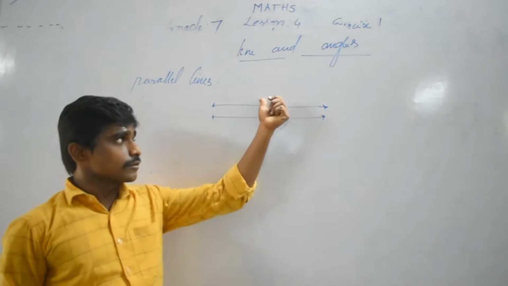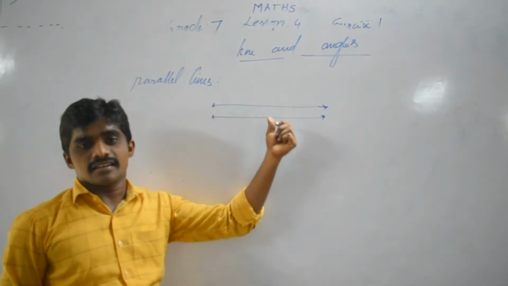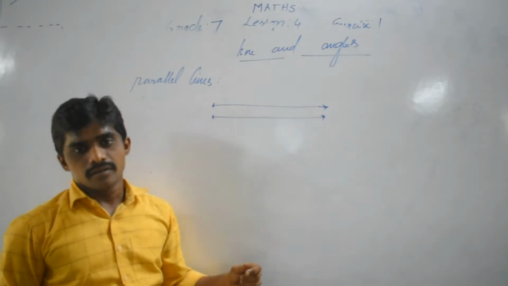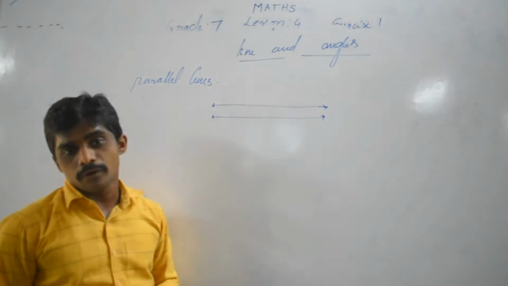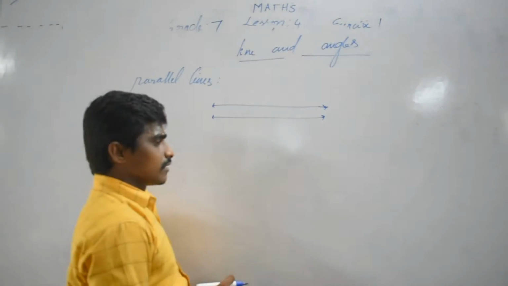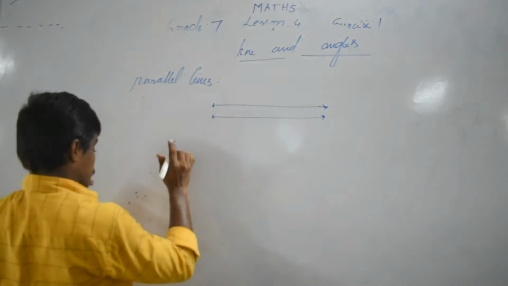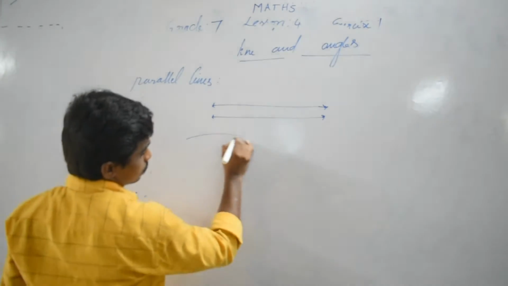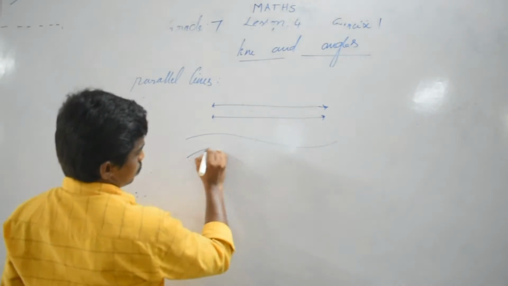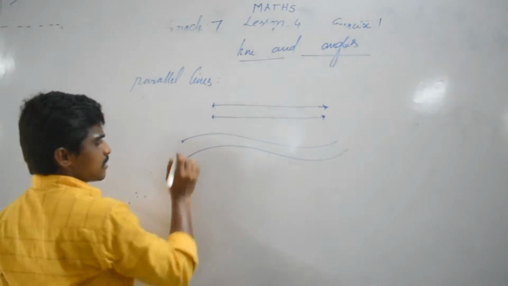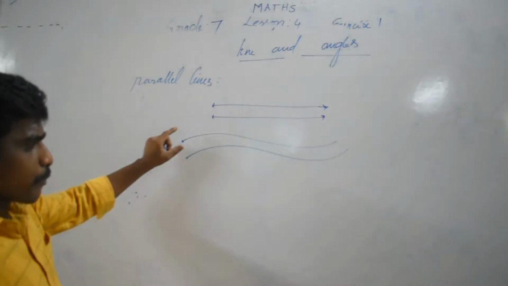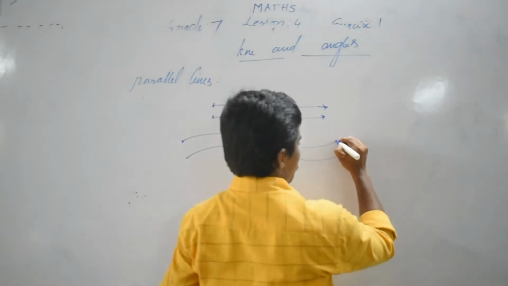These do not intersect at any point. Those lines are called parallel lines. Example, a railway track. A railway track maintains equal distance, starting at a point and ending at a point.